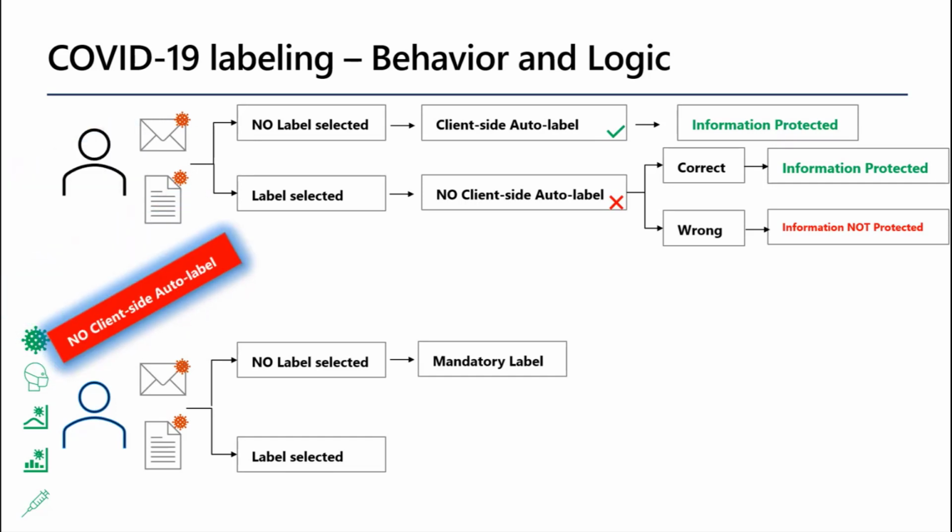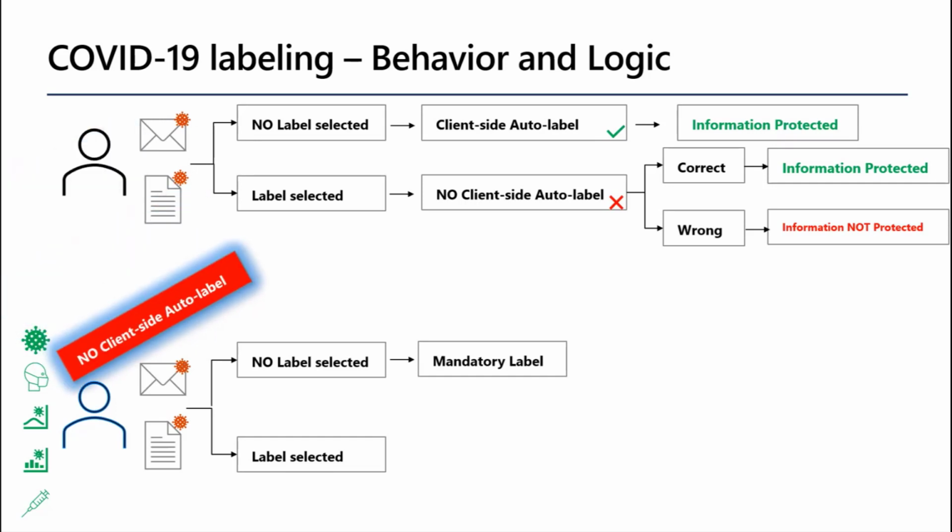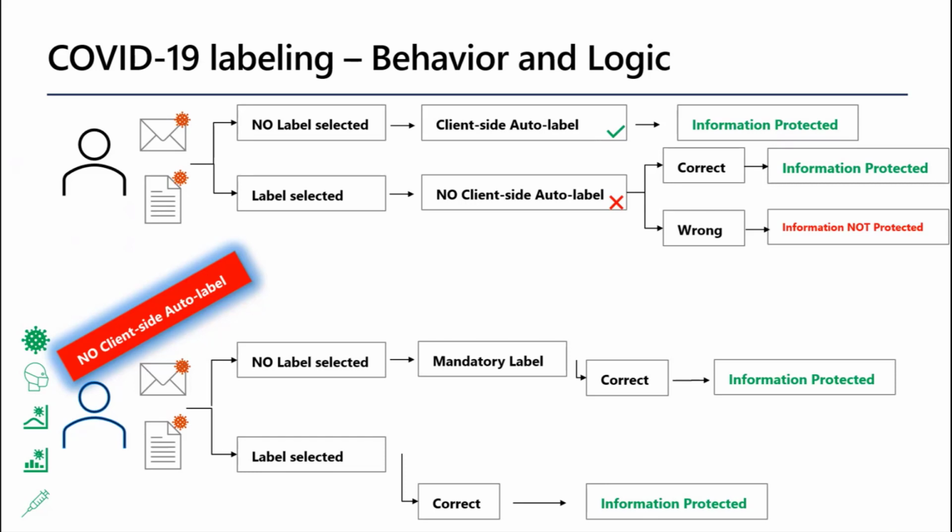And by enforcing the mandatory label, which is pretty much a manual label, the client-side auto label has no play here. Again, because the manual label trumps anything else. If the user selected the correct label when prompted by mandatory label, which is highly confidential, then we have no issue here as the information is properly protected.